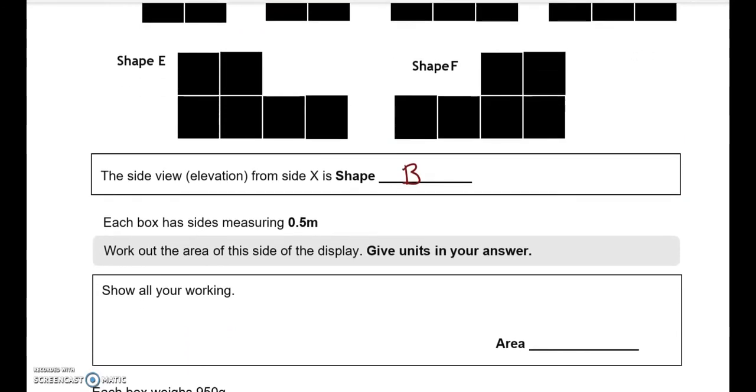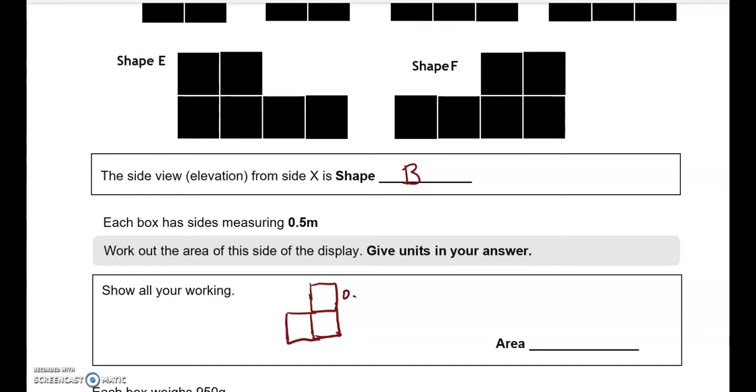Each box has sides measuring 0.5 meters. Work out the area of this side of the display. Give units in your answer. The side looked like this. So 3 equal squares.